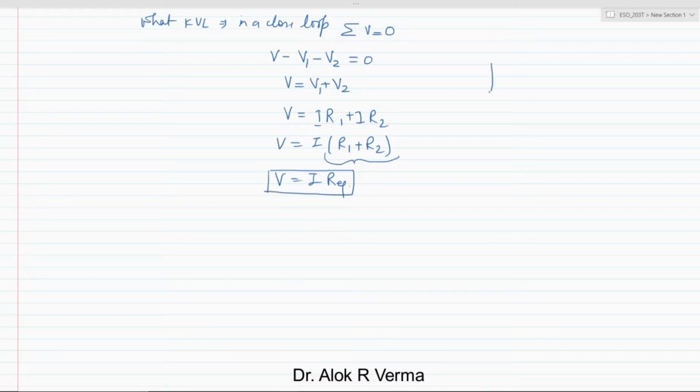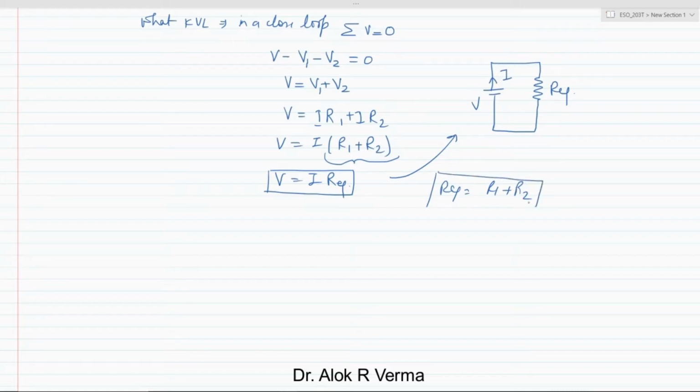So V equals I times R equivalent. This is representing the circuit. So it means that R equivalent is nothing but R1 plus R2.